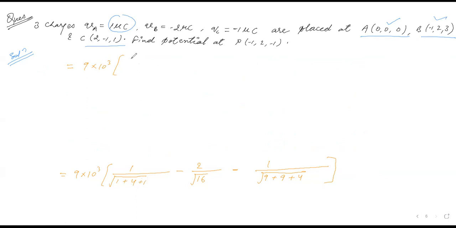It is your root of 6, right? Root of 6. 1 over root 6 plus, sorry, minus 2, not plus. Yeah. 2 over 4, minus 2 by 4. 9 and 9, 18, 18 and 4, 22. 1 over root of 22. Okay. Yes, sir. You can consider this is your final answer. Okay, so no need to do root 6. No need to solve it more. Okay, sir. Done, sir. Good.